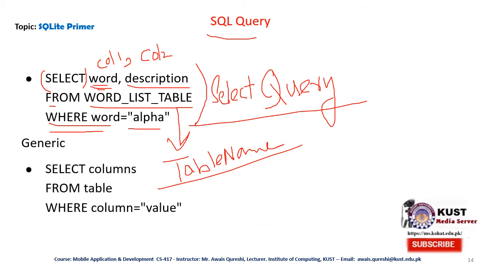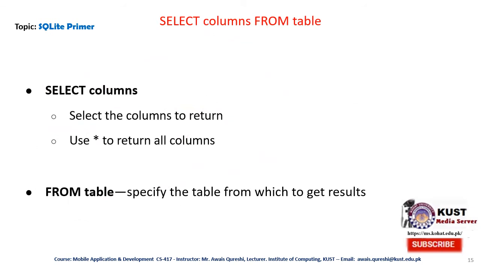This is the specific query, and this is the generic query, where we can see that after the keyword select, we can give different columns with a comma, and this is the table name, and where column is equal to value. So this is the generic syntax of the SQL query. Select columns from table.